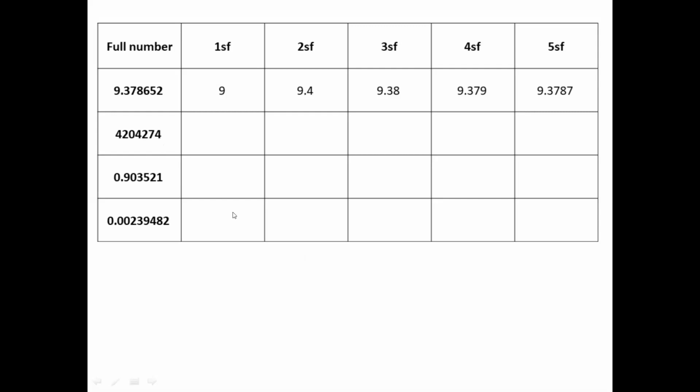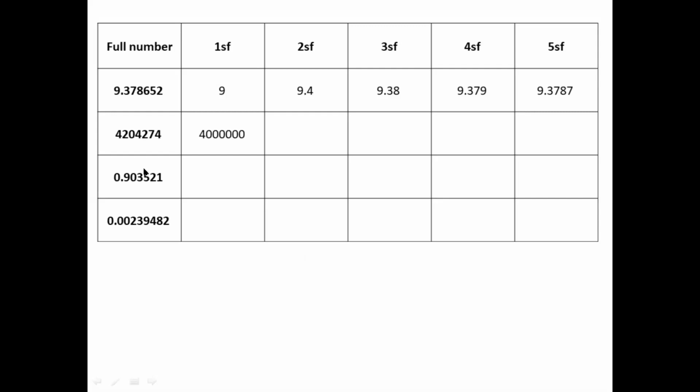The next one, people make a mistake a lot. What you need to remember is that you can't change the meaning of the number, right? So this number is 4 million something. Whether you've got 1, 2, 3, 4, 5, or so on significant figures, it needs to be 4 million something. You can't change that. So one significant figure is going to be literally what I just said, 4 million.